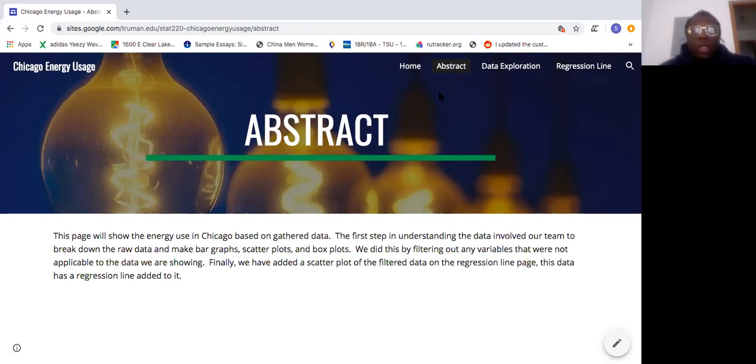We did filtering, filtering out variables that were not needed or applicable, for the data to show relevance to how much energy is being consumed. With the variables eliminated, we come up with a regression line that gives us the scatter plot, and it gives us analysis as far as how well the data set fits the buildings of sorts and answers the questions that we have before you.